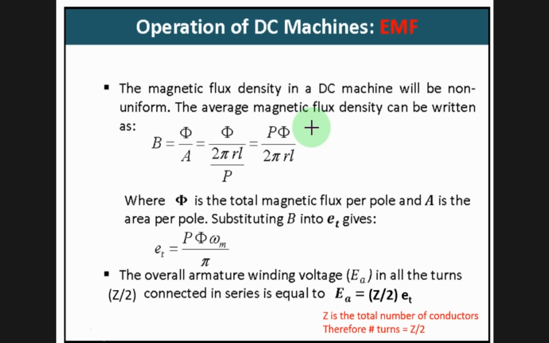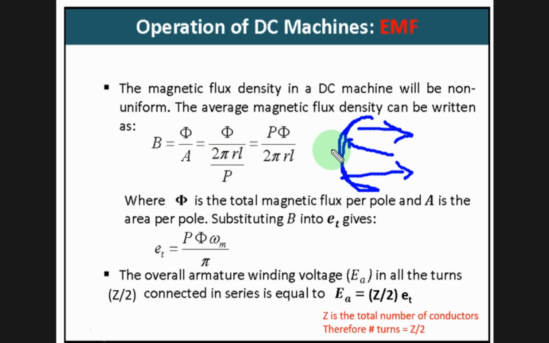So in this case, say for example, if this is the pole that we are talking about, having some radius r, then the total flux is going like this. So the area is basically this total area here, which is coming under the coil.